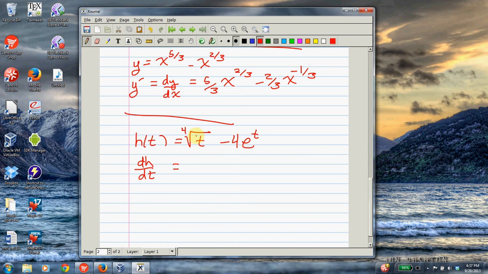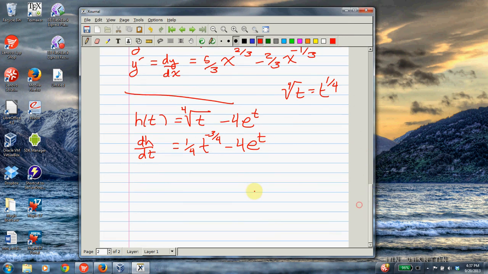So the 4th root is the same thing as the 1/4 power. Okay, so when I take the derivative here, the 1/4 comes down. Now I take 1 away from 1/4, and that is minus 3/4. Leave the constant alone, take the derivative of e to the t, which is just e to the t, and you're done. Okay, next one.